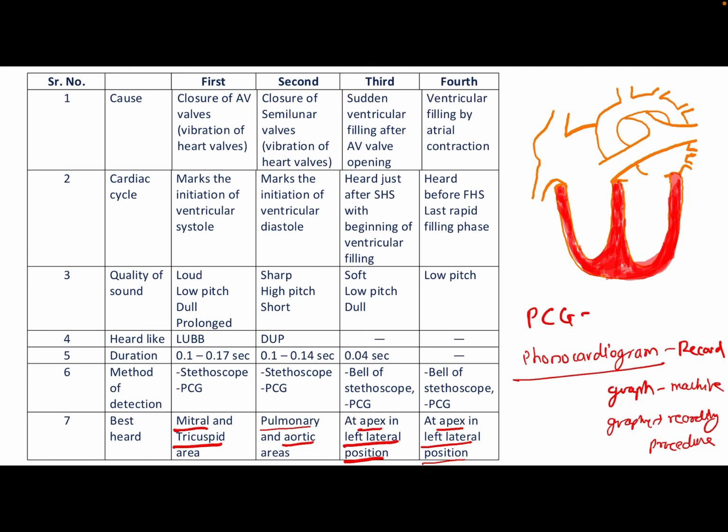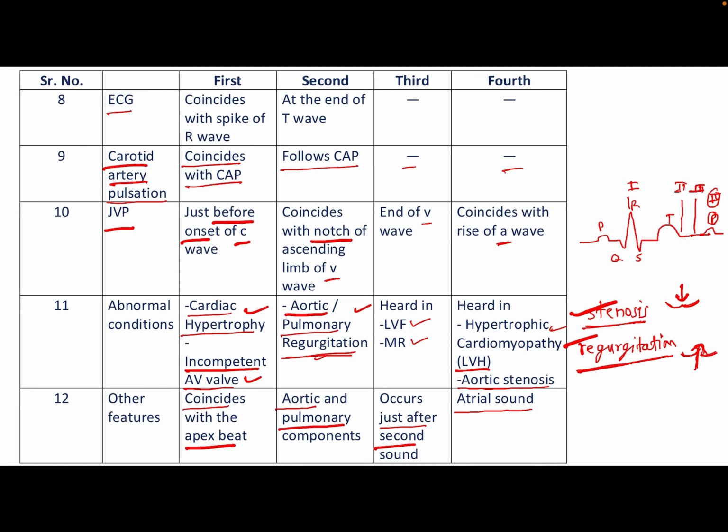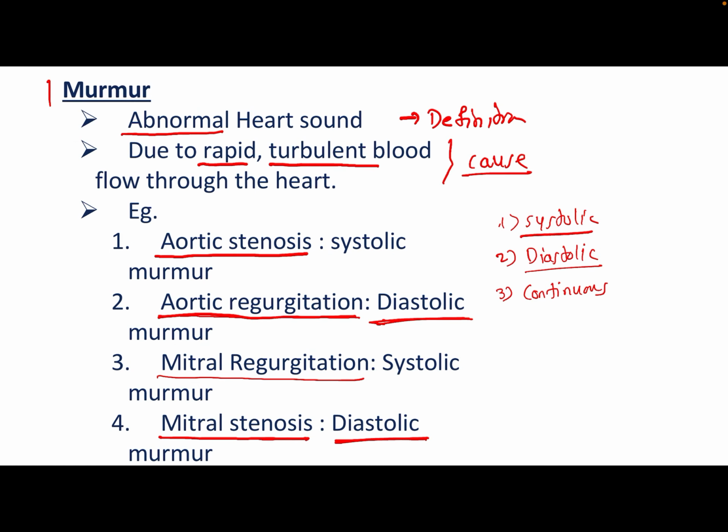So you should know the individual characteristics of the first, second, third and fourth heart sounds, and you should know about murmur. Now in LAQ, describe heart sounds can be one component of the long answer question, or a separate short answer question can be asked on heart sounds. Describe heart sounds, where you will need to describe the first, second, third and fourth heart sounds, and whether it is asked or not, write these important points about murmur, because it is part of the heart sounds.